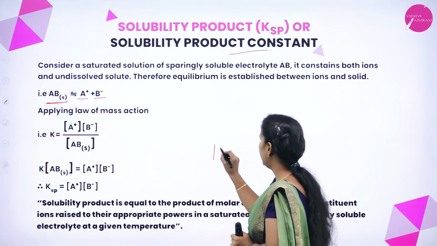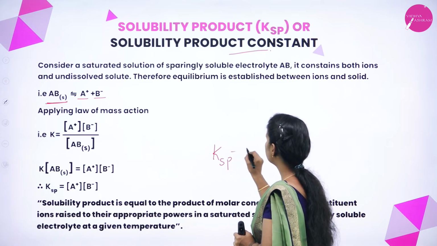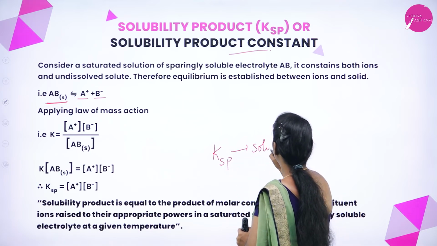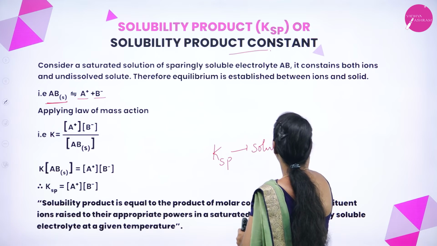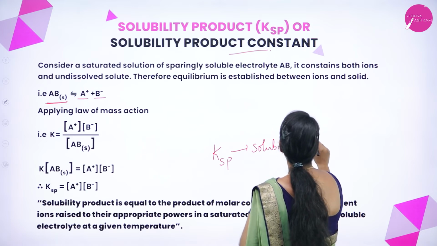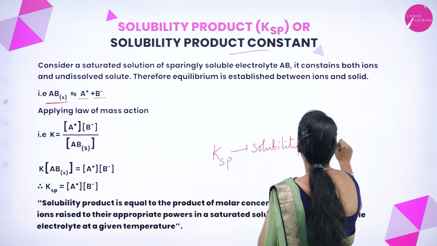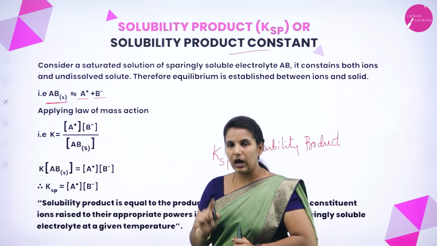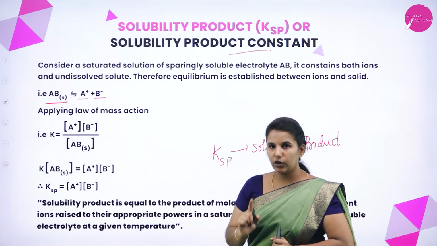So, what is KSP here? KSP is nothing but the solubility product or solubility product constant. How can I define the solubility product here?